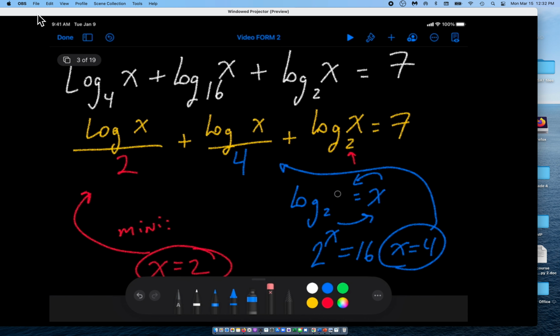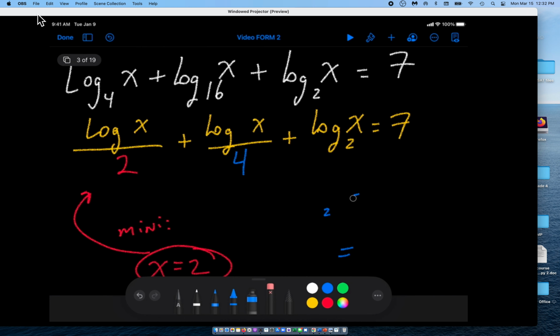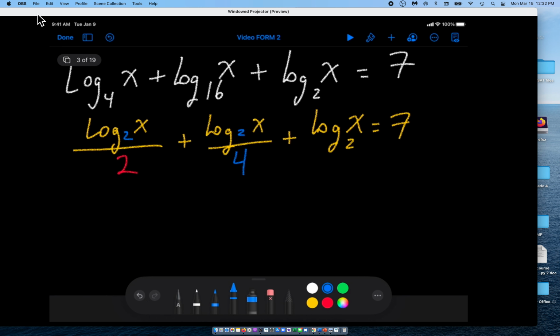And let's reassess what we have here. Okay, now we have log base 2 of x everywhere. This is 1/2 log base 2 of x.